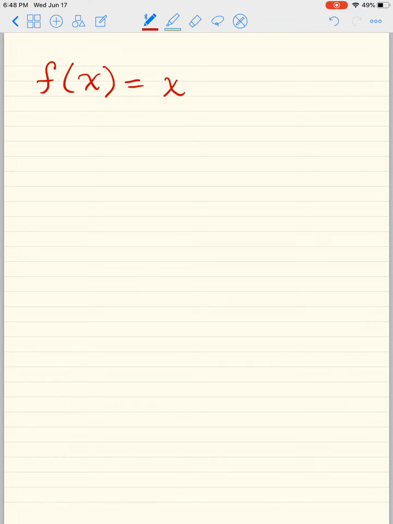So just a friendly reminder that we showed that if the function is x to the n, then the derivative would be: take this n, push it to the front, in other words, multiply it, times x, and we're going to decrease the exponent by 1, okay?